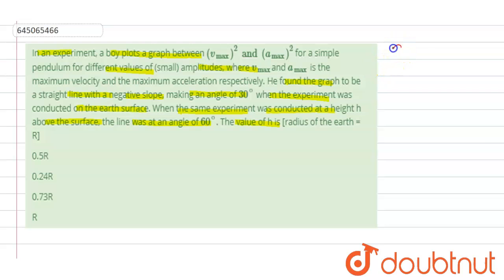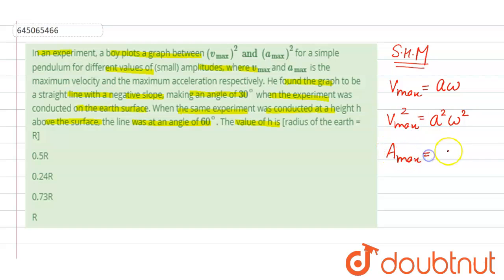So we know that the simple pendulum performs SHM, and in SHM, the V max is given by A omega, or you can also write it as V max square will be equal to A square omega square. Similarly, maximum acceleration is given by omega square A. So again, if we take the square, it will be omega to the power 4 A square.